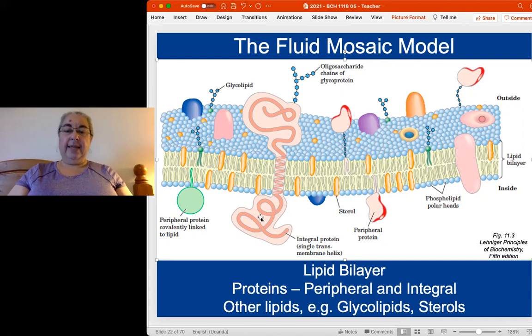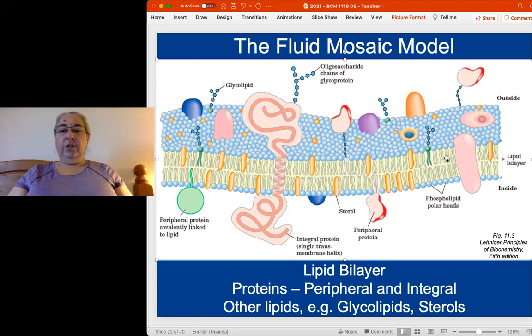So here is an integral protein, a protein which is going right through the membrane. Here is a peripheral protein, a protein which is just on one side of the membrane. And here is a peripheral protein which is just on the other side of the membrane. Okay, here's another peripheral one on the inside.